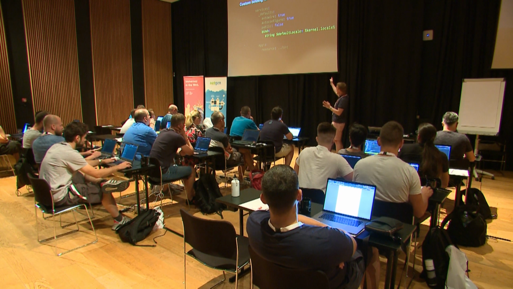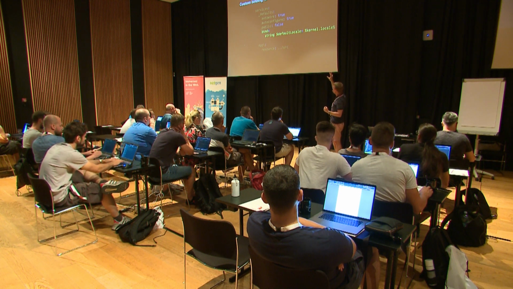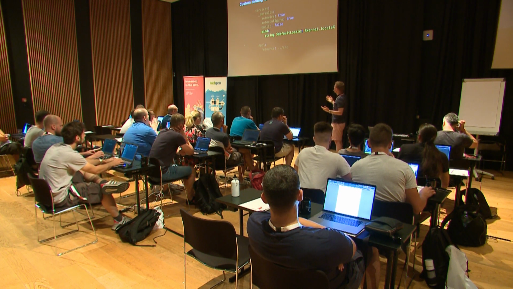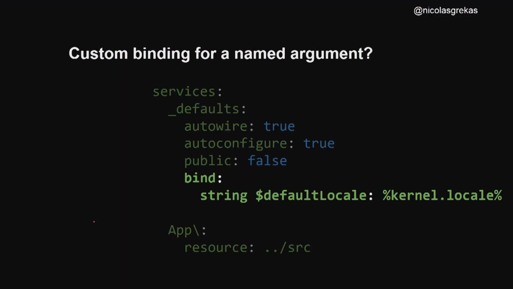This goes in the defaults; it can be outside of defaults, but it doesn't really make sense there. It says whenever an argument is needed on a constructor, and it's named default locale with a string type, this is the value you should provide. So this will wire things for us. Adding the type before the name was not possible at the beginning of Symfony 4, so it's a new feature.